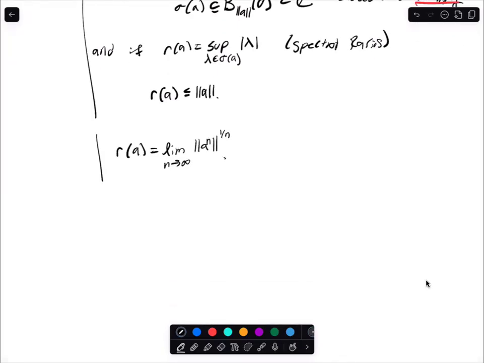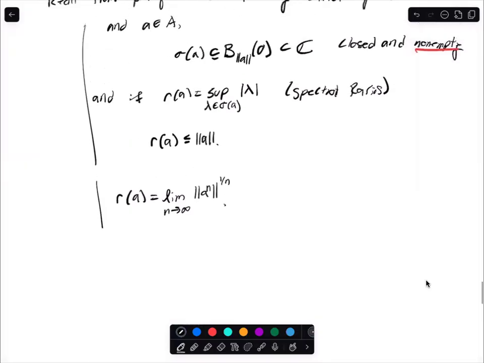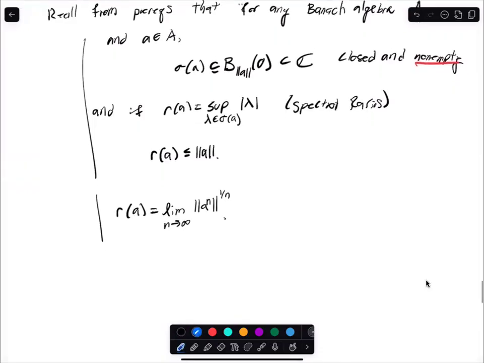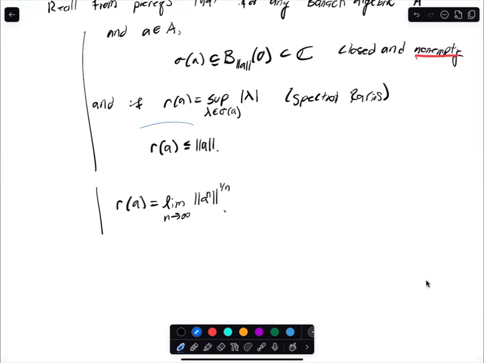So I'm going to leave with just a couple of theorems which show how these two statements can be upgraded when you go from any Banach algebra into the realm of C-star algebras. We're going to isolate this one first.